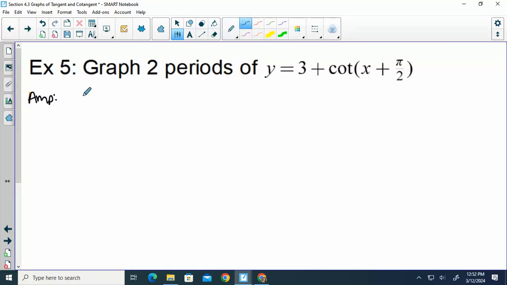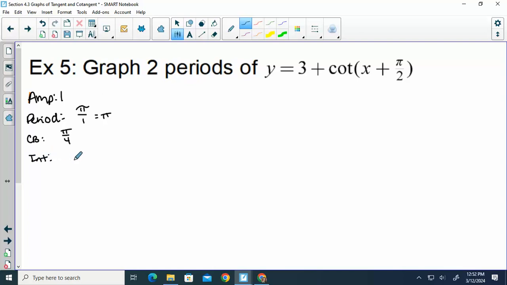What's our amplitude? 1. Yep, it's the number multiplied out in front, so just a 1. Period. Normal period for tangent and cotangent is pi divided by the number in front of x, which is just 1. So our period is still pi. So our count by would be pi over 4.